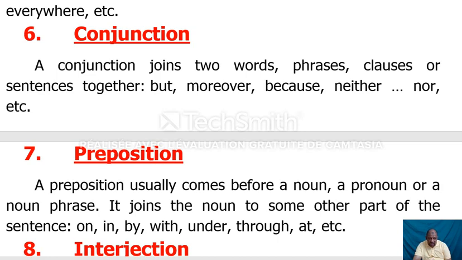So here we have some grammatical terms, and I promise you in the next videos I'm going to explain them. But what you should bear in mind now is that a conjunction serves to join these two words, two phrases, two clauses, or two sentences.